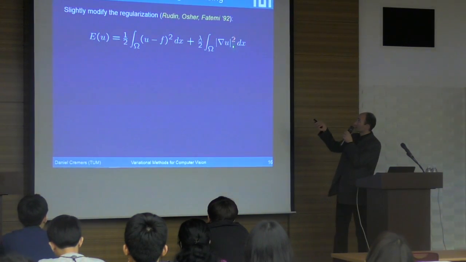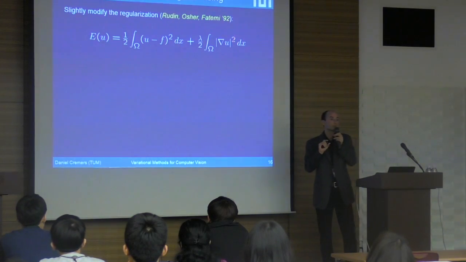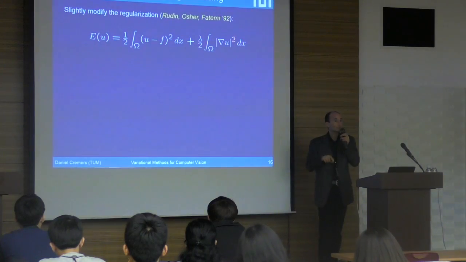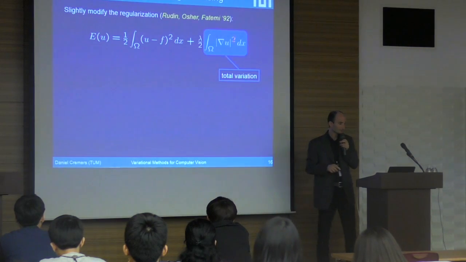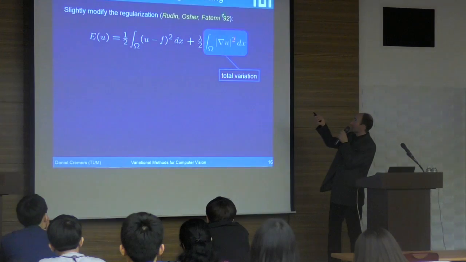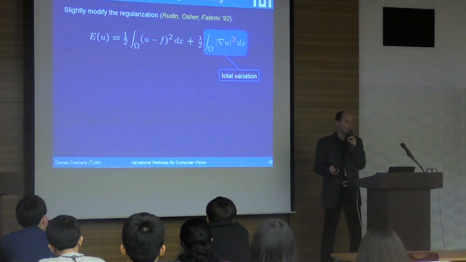And once you drop the square, you have a better chance of preserving jumps, because the quadratic energy will suppress any jump in this function u, whereas if I just penalize it linearly, then I have a tendency of preserving jumps. And this is called the total variation, and the Rudin, Osher, Fatemi paper is one that really popularized it.